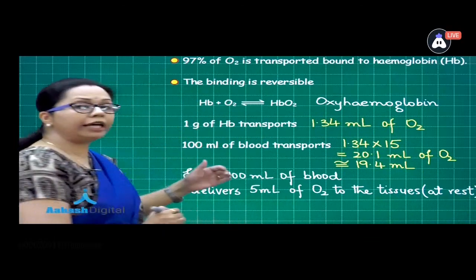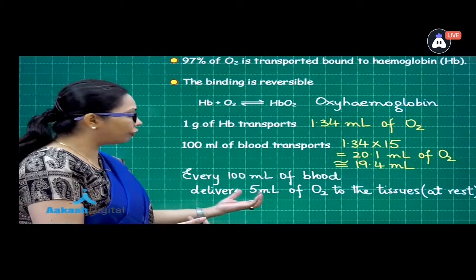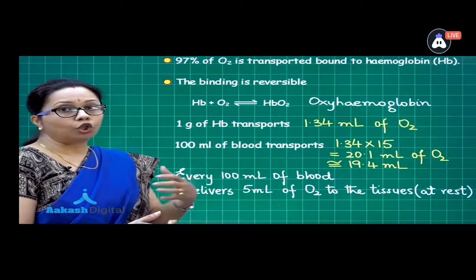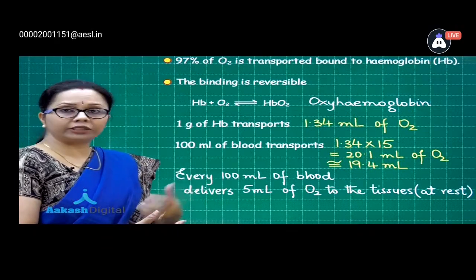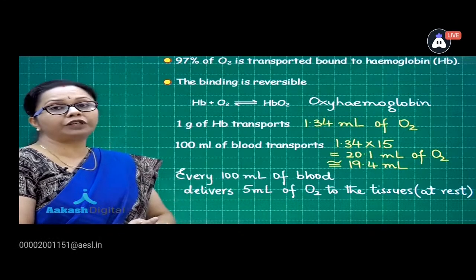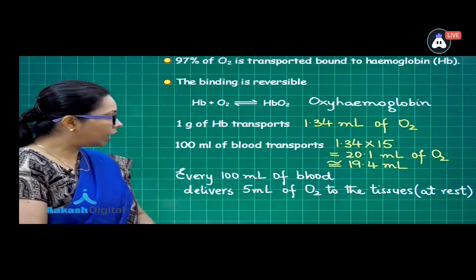If the tissue is highly active, like in case we are exercising, in that case instead of 5 ml this amount can go as high as 15 ml. So the tissue which is at vigorous exercise will be able to extract 15 ml of oxygen from the arterial blood.